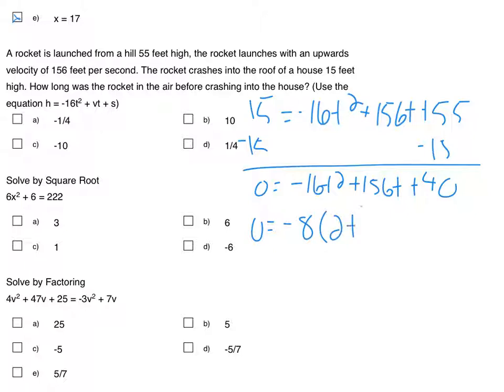And I get 2t squared minus, so 8 is not our GCF. Try 4 for me then, please. So that's 4, this becomes 39t, and this becomes a negative 10. Hey, don't forget when you pull out that negative that you change all the signs all the way through.